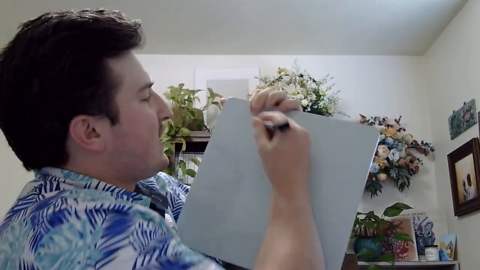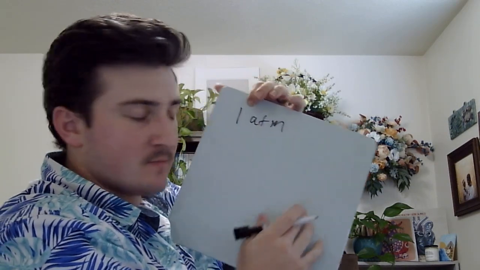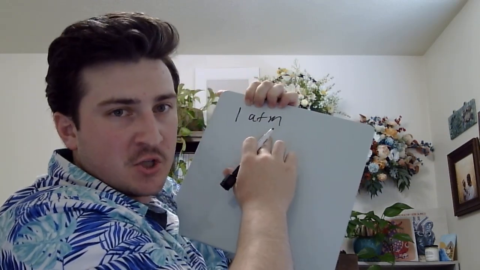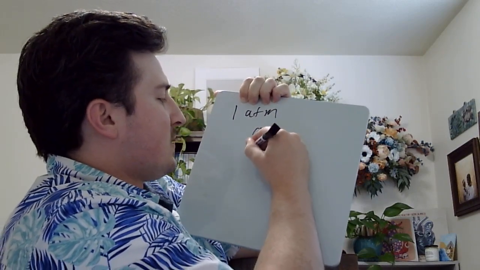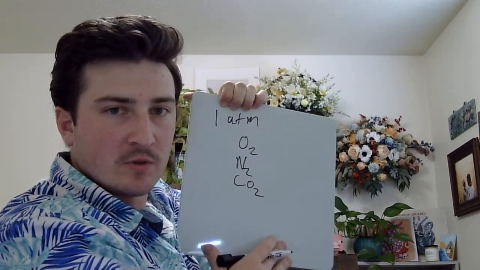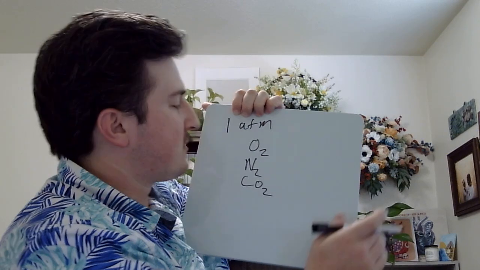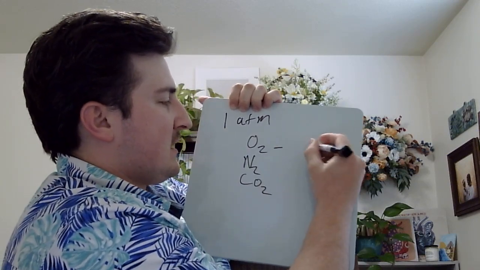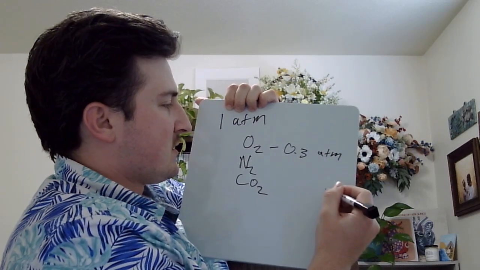So let's say that we have 1 atmosphere of pressure, and in that atmosphere there's a mix of gases. There's going to be O2, nitrogen gas, and CO2. Let's just work with those 3, okay? In our 1 atmosphere mix, let's say O2 is 0.3 atmospheres.